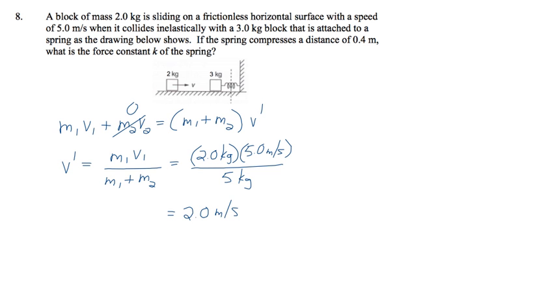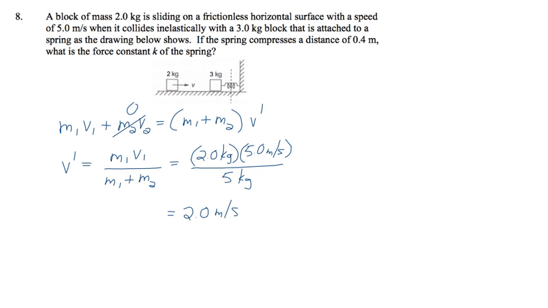So now I know that energy is conserved in this problem. So if energy is conserved, then I know that the amount of energy it has to begin with, which is all kinetic, is all going to be converted to elastic potential energy when it's stretched 0.4 meters.